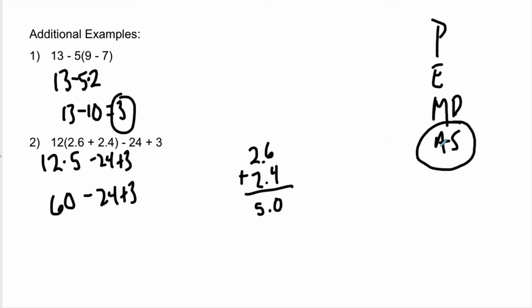You just solve them in order from left to right. So left to right, I've got subtraction first. Even though addition's listed first in PEMDAS, it's just for memory purposes. Really, you go left to right. So 60 minus 24, that's going to be my first step here. That leaves me with 36. And then my last step is addition. 36 plus 3 is 39.